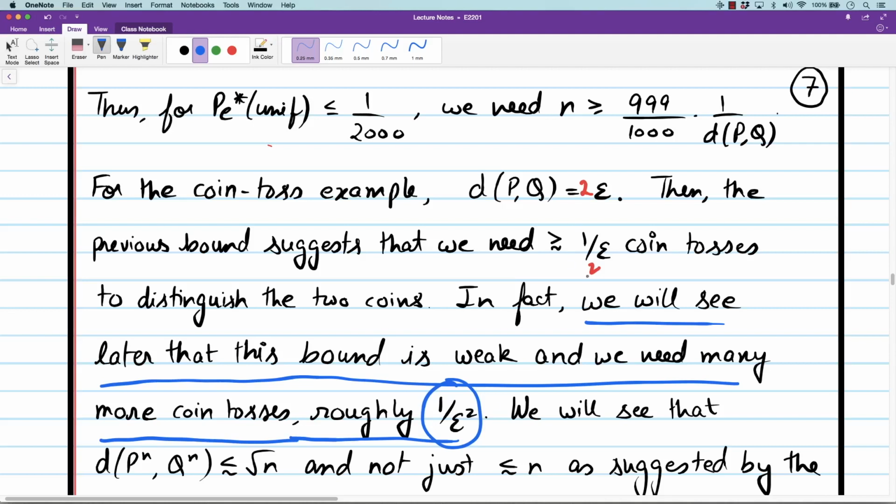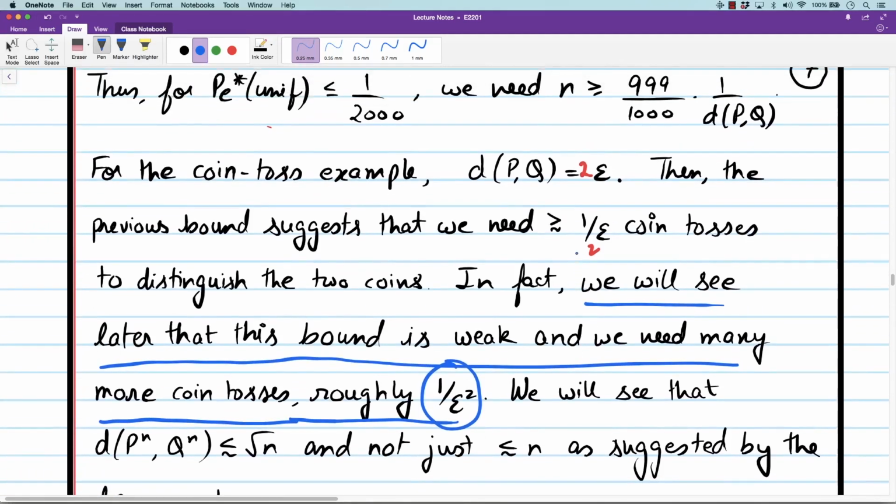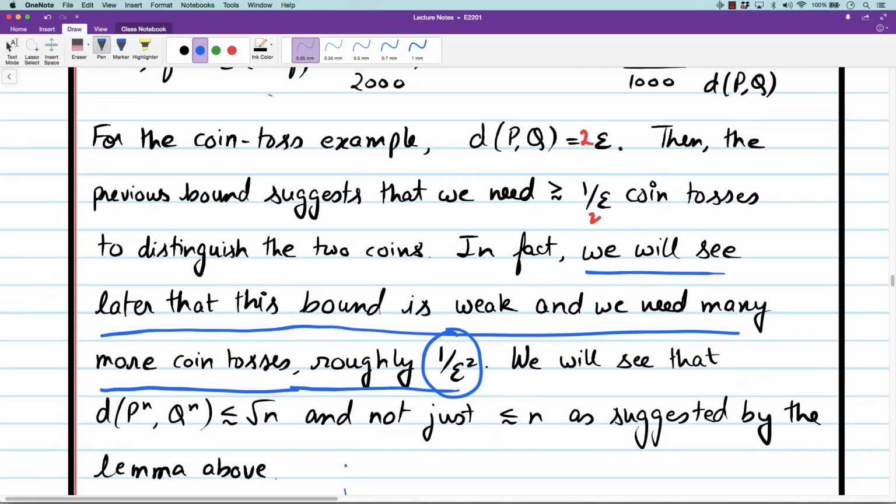This bound is really weak because we were a bit loose in our estimate of the growth rate of d of P^n and Q^n. We will see that it doesn't grow like n; it grows like square root n. That is an improvement we'll come back to later.